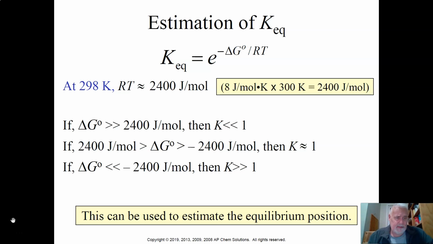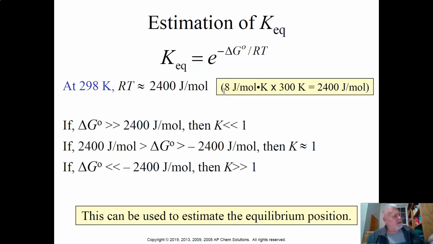There is kind of a little trick, and this will help you get ready for some of those multiple choice questions where you just have to make estimates and not actually plug the numbers in your calculator. Like this right here, they said if you just know that RT basically equals 8 times 300, or 2400 joules per mole. That's an estimate, of course.